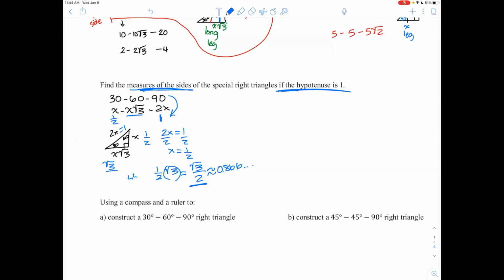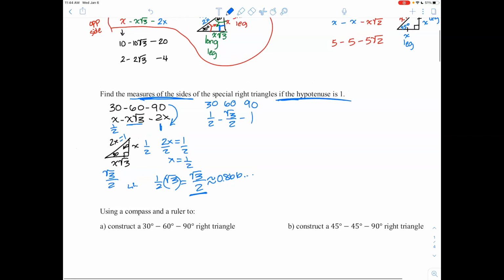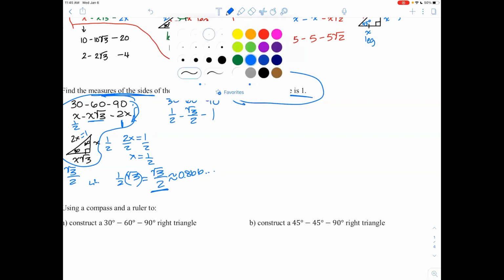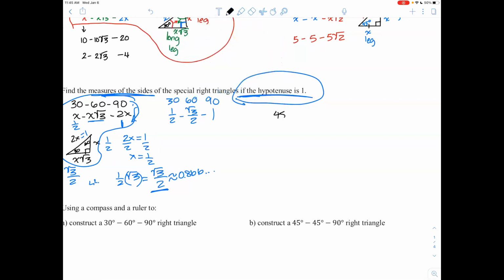So our measures are 1/2, square root of 3 over 2, and 1 for your 30, 60, 90. All right, so there you go. That's how you would use that information that we just went over and the hypotenuse measure to find the other measures. Let's do the same thing for the 45, 45, 90.